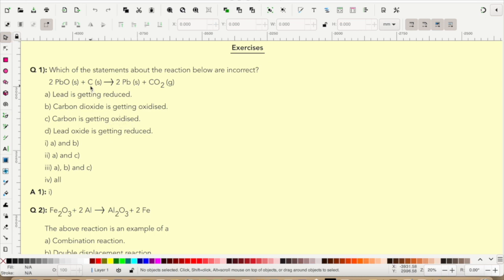In this reaction, carbon is changing to carbon dioxide, so it is oxidized. That is correct. Statement D is lead oxide is getting reduced, means PbO is getting reduced to Pb. That is correct. So only statements A and B are incorrect. So option 1, in which statements A and B are incorrect, is correct.